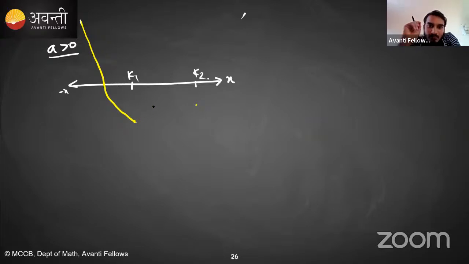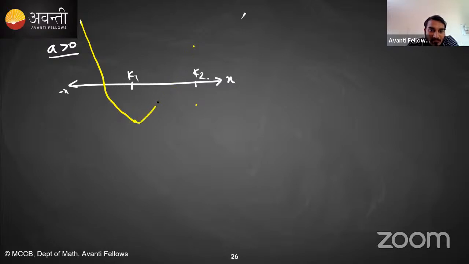Can anybody tell me what can be the case? Simply, f of k2 positive के लिए function k2 पे पॉजिटिव आना चाहिए, और वो तभी आ सकता है when function is taking one root before k1 k2. Yes or no?